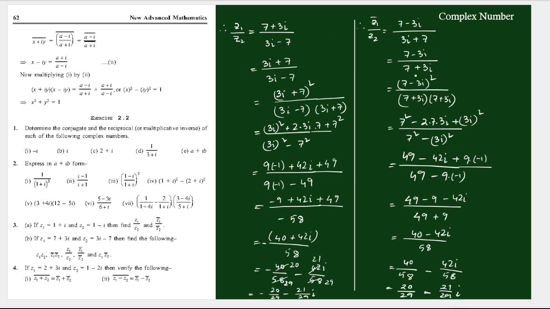This one, it is not 7 plus 3i. It will be minus 7 minus 3i. Here we did a mistake. The conjugate, the upper part is correct. Okay, the below one is incorrect.